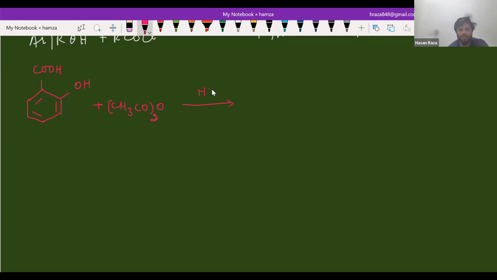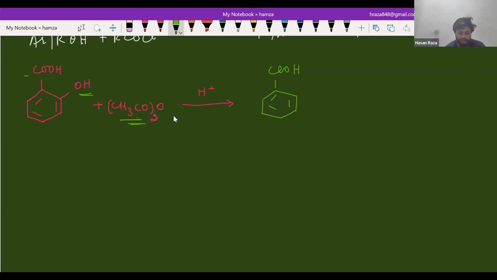Now, what we just learned is that acid anhydride reacts with alcohol or phenol to give ester. I didn't tell you that this acid anhydride reacts with carboxylic acid. So with the information I have given you, just react this acid anhydride with this alcoholic part and you will get an ester there, and the COOH will be as it is, because this will not react with this.